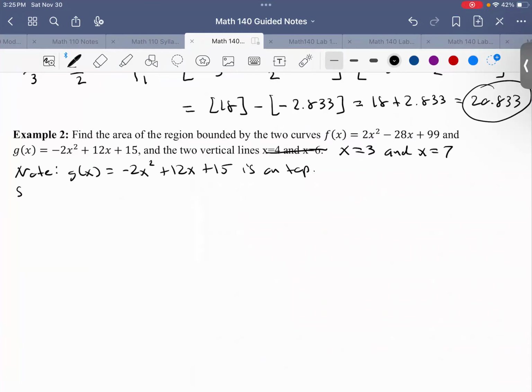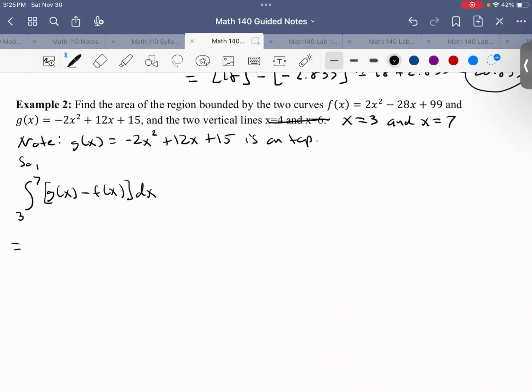So our integral would be 3 to 7 of g of x minus f of x dx. So let's plug in our f of x and our g of x. So g of x is on top now. But once again, we're just going to distribute in that negative. So it would be negative 2x squared plus 12x plus 15 minus 2x squared minus 28x plus 99.